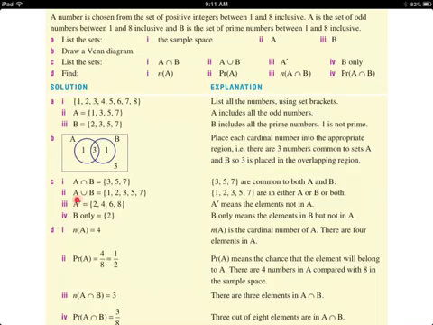Here we're looking at A prime, which means it's the complement of set A, which means the elements from the sample set, which is all the positive integers between 1 and 8 inclusive, which are not in set A. So set A has 1, 3, 5, 7, and that simply means any of the numbers from here that are not in that set. And as they've identified here, it's 2, 4, 6 and 8.